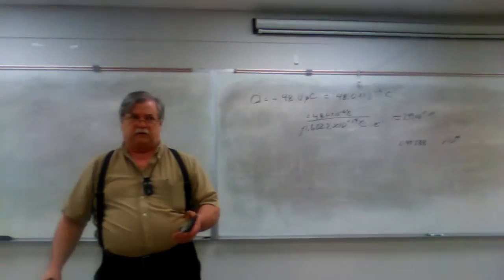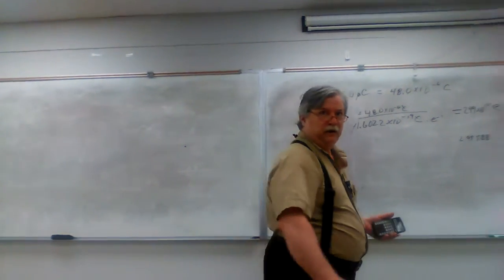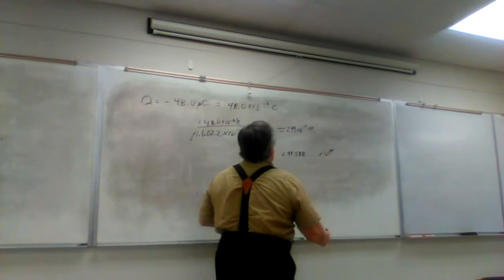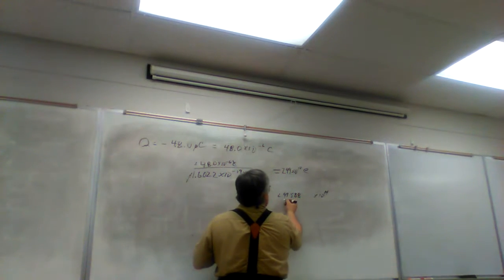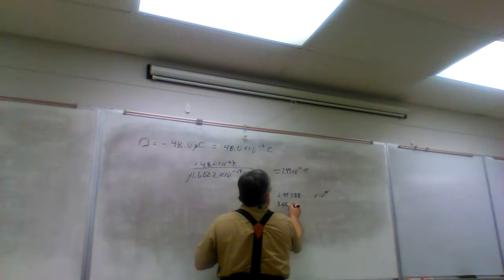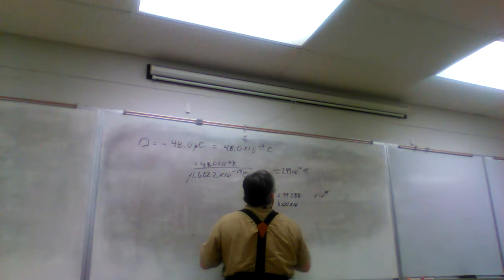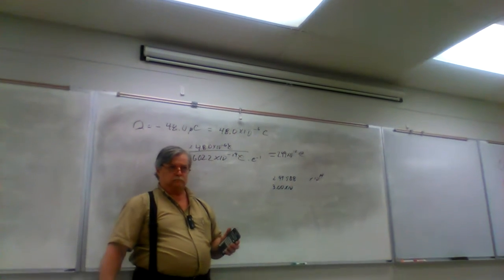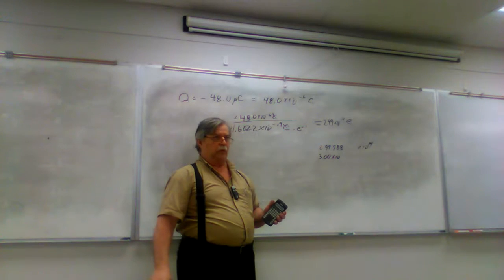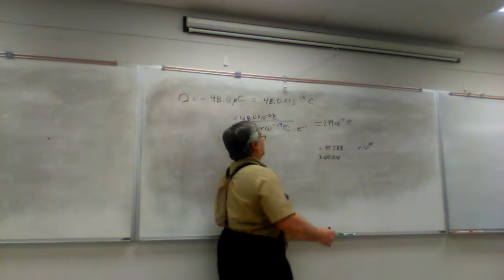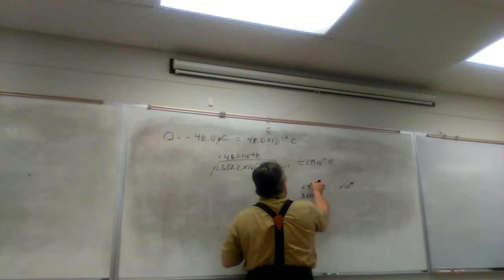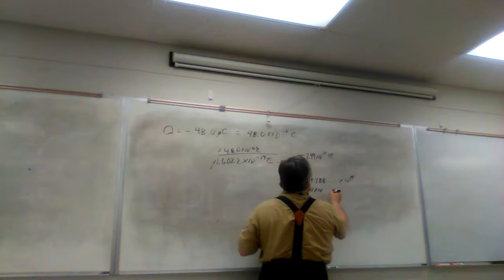So if you were rounding that to 3 digits, what would that be? .00. It rounds up the next one, and that rounds it up. So.